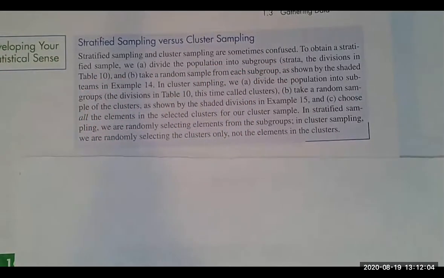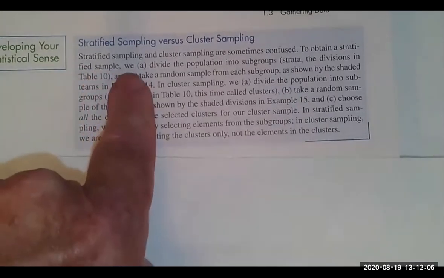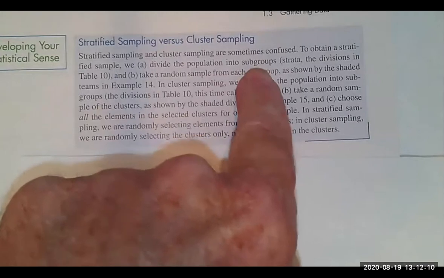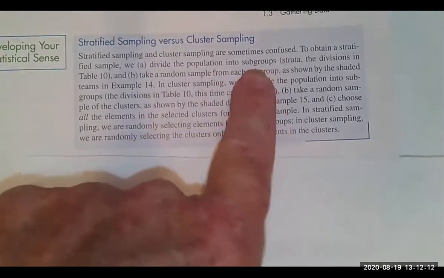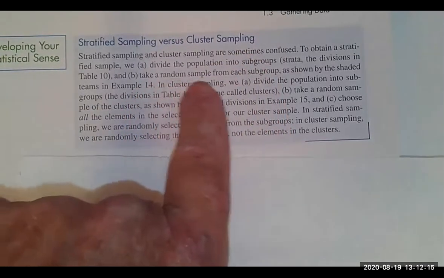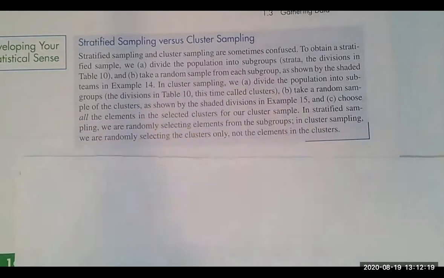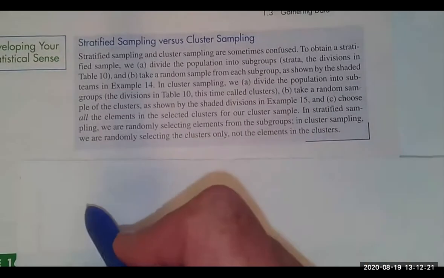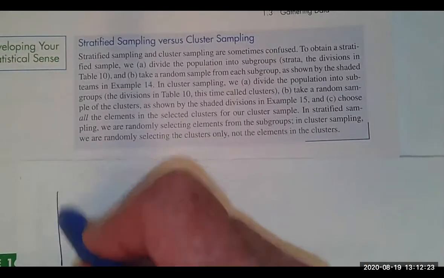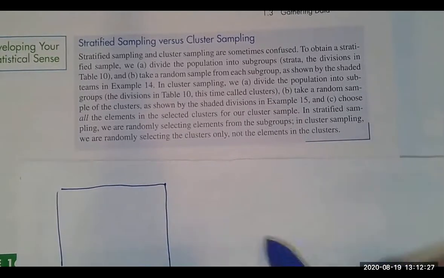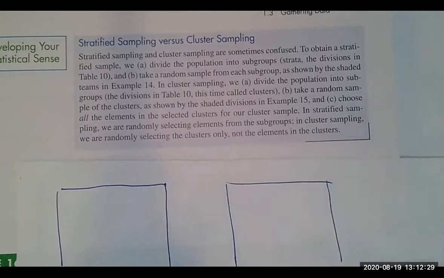Yes, they are. So stratified, you divide the population into subgroups, and then you take a random sample out of each subgroup. Let's see if I can do this. S for stratified, and this one here will be cluster, C for cluster.